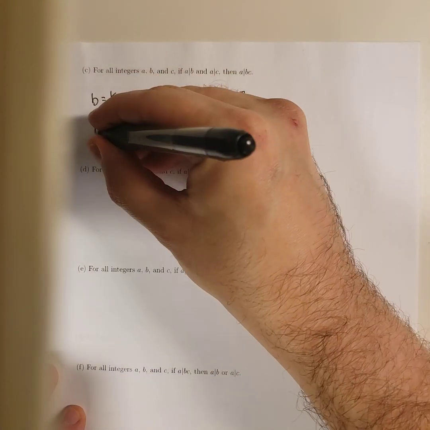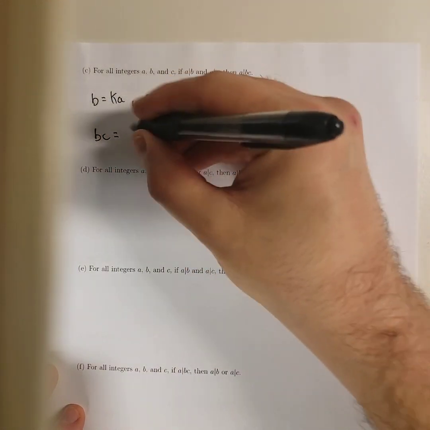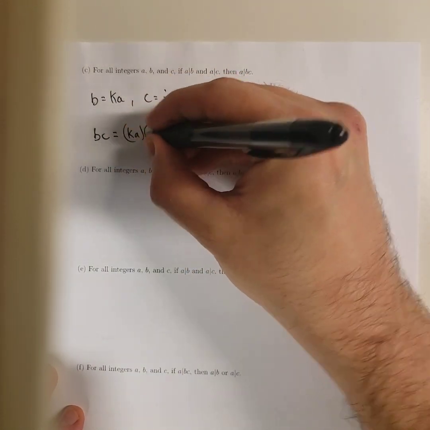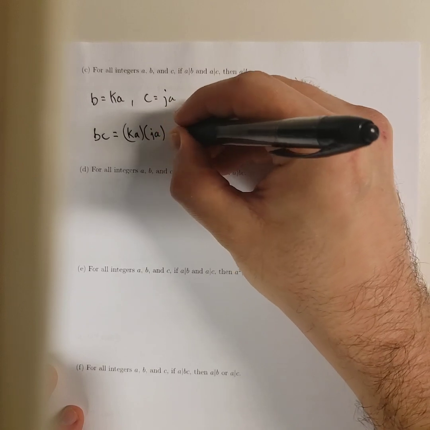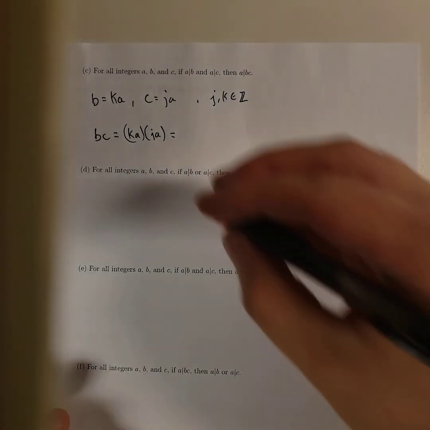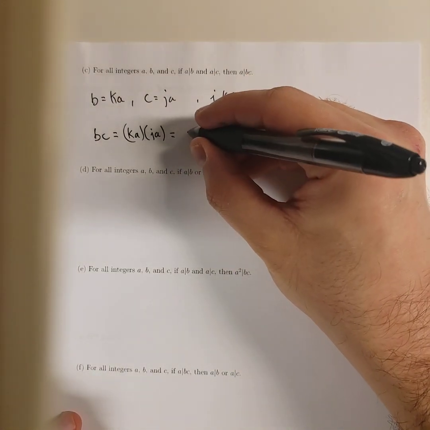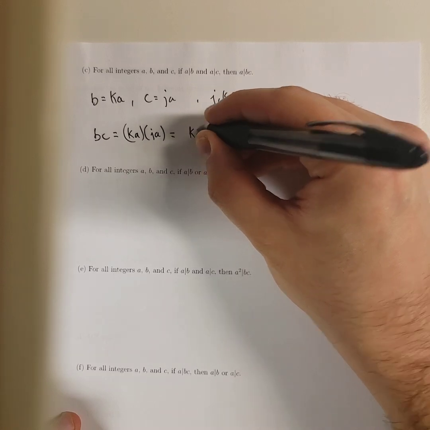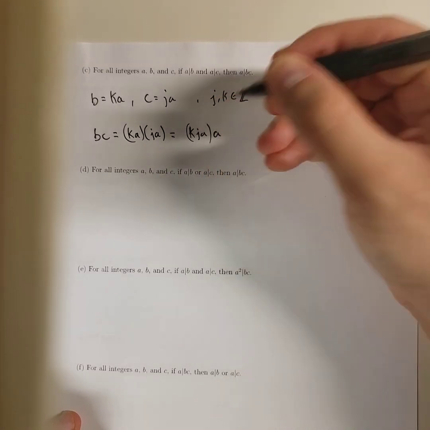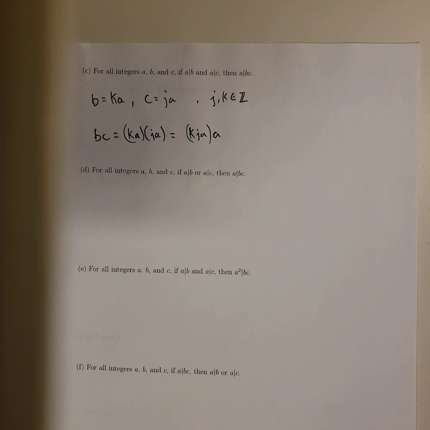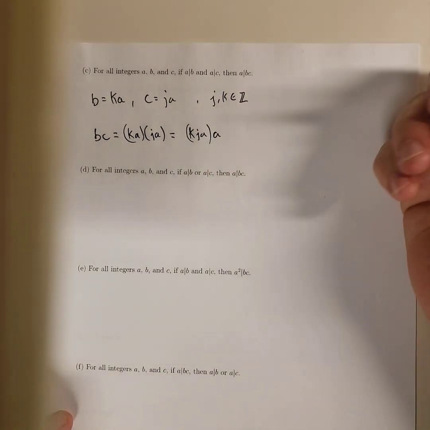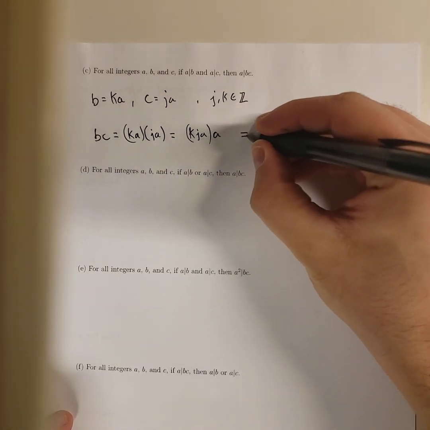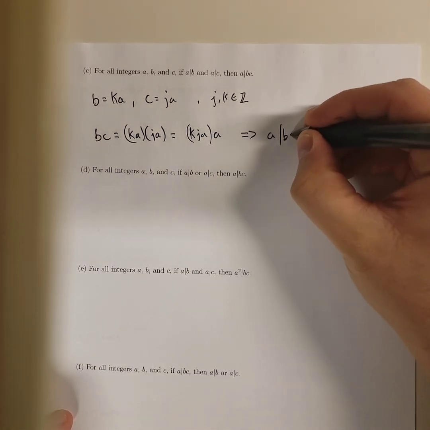If we look at BC, that would be Ka times Ja. We just need to see this as a multiple of A, so I'll write this as KJa times A. We could say A squared, but we just want to see it as a multiple of A, so we don't have to go that far. KJa would be an integer. So that means A divides BC.